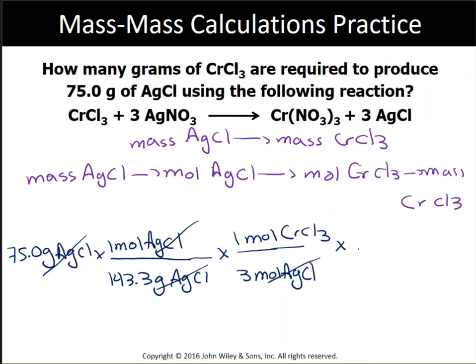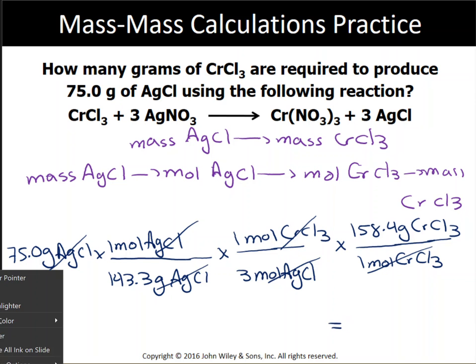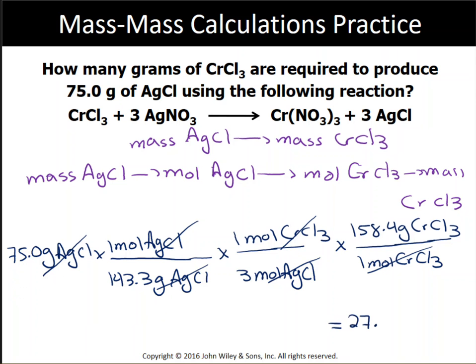And now to go from moles of chromium 3 chloride to mass of chromium 3 chloride, we use the molar mass of chromium 3 chloride, which is 27.6 grams of chromium 3 chloride.